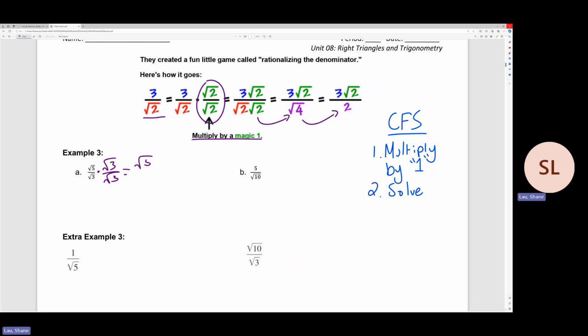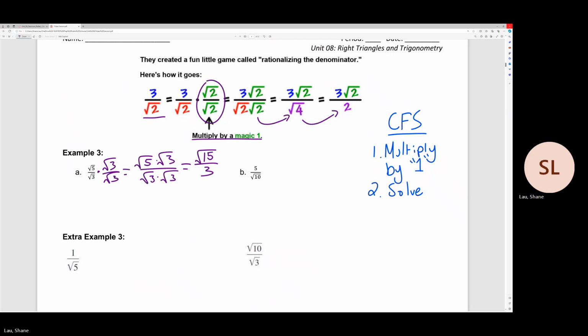Well, I get the square root of 5 times the square root of 3 over the square root of 3 times the square root of 3. And that's actually really easy for us. Remember, 5 and 3, they're under a radical, they'll mush together. Multiply each other, we get 15. 3 times 3 is 9. The square root of 9 is 3. So make sure that you get that as your answer here.